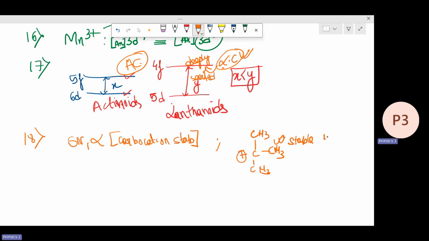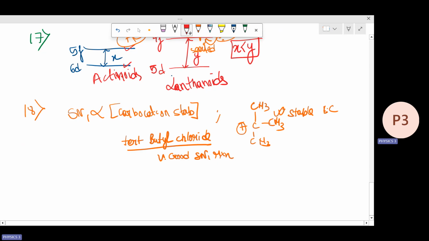Hence option number 3, tert-butyl fluoride, shows a very good SN1 reaction.